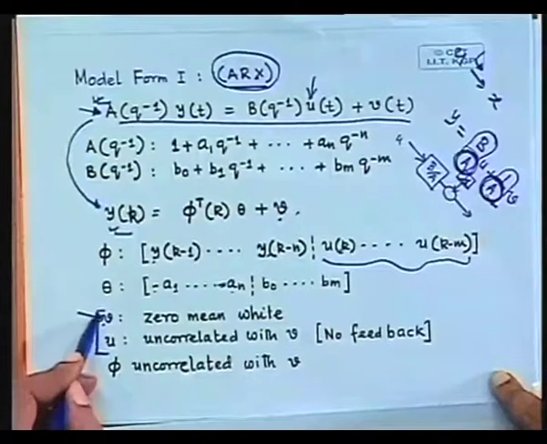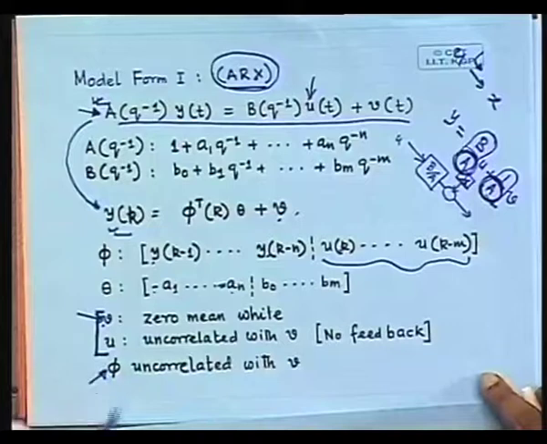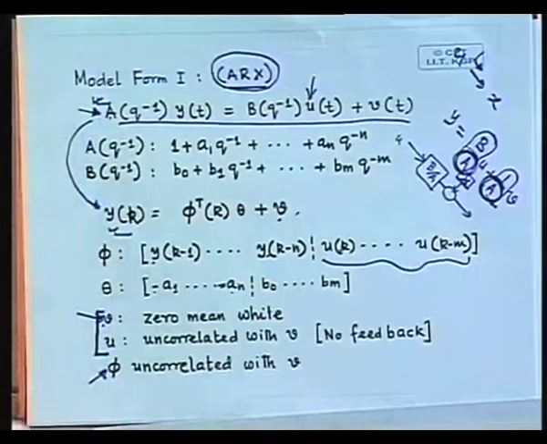So therefore this and v are going to be correlated. If you assume that they are uncorrelated, then phi will be uncorrelated with v, and then you can expect good results by applying ordinary least squares, but not otherwise.